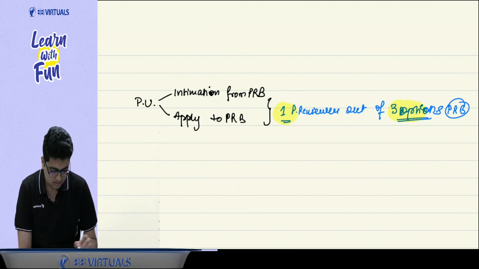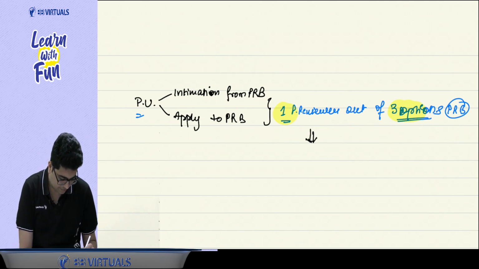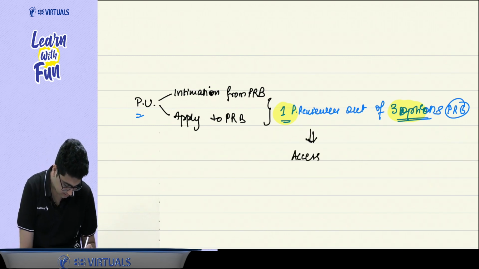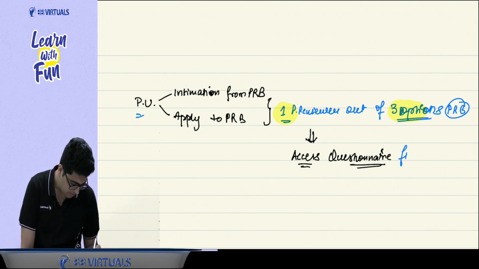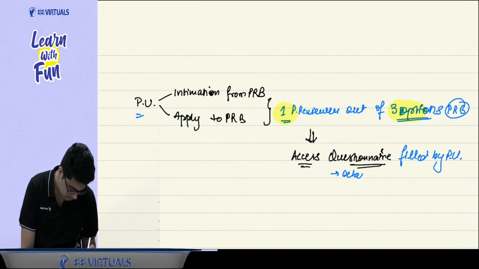Whoever he selects, the practicing unit, that person will get access to the questionnaire which is already filled by the practicing unit. In that questionnaire, it will get the details about the engagements, basically the assurance engagements that it has performed in the last 3 years.